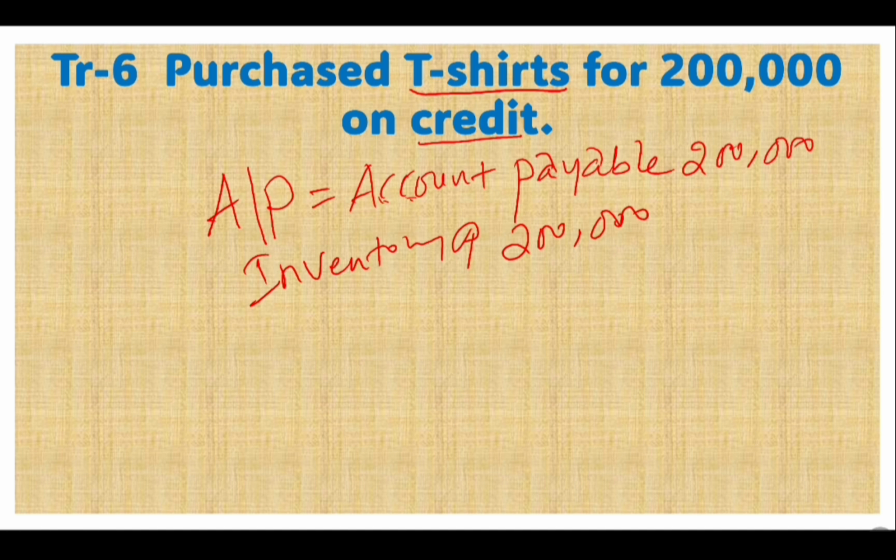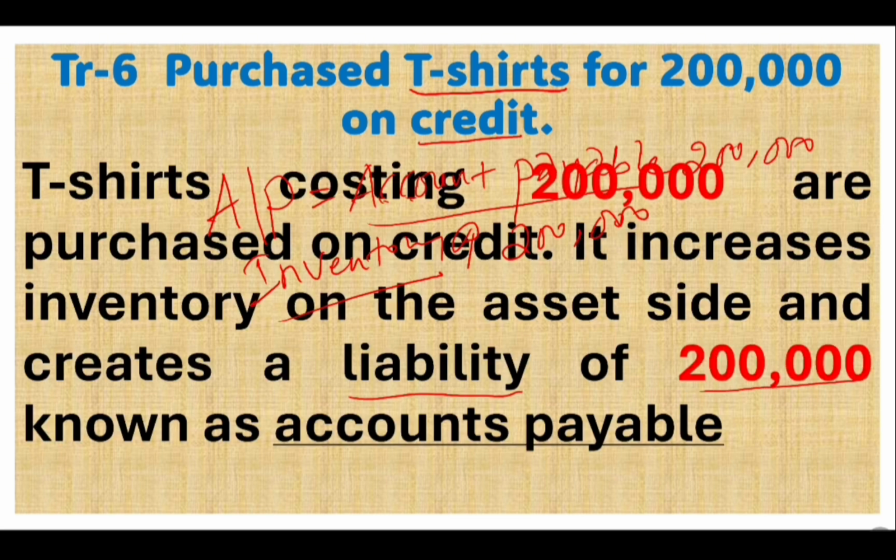So the two accounts that are affected by transaction 6 are account payable and inventory. Both increased by 200,000. Account payable is a liability account and inventory is an asset account. So t-shirts costing 200,000 are purchased on credit. It increases inventory on the asset side and creates a liability of 200,000 known as account payable.